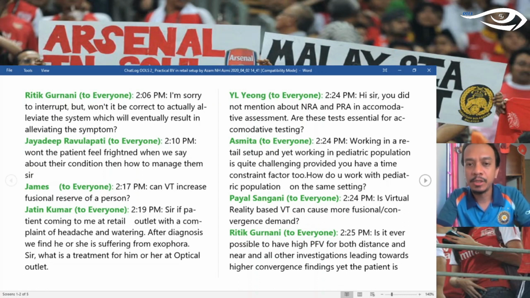Okay. The next question is coming from Payal Sanggani. Is virtual reality based VT able to cause more functional convergence demand? From my little experience on VR, I'm not really keen on using VR as part of the VT session yet, because I know that there are ongoing researches being conducted now to see the efficacy of VR in training the vergence as well as the accommodation system.